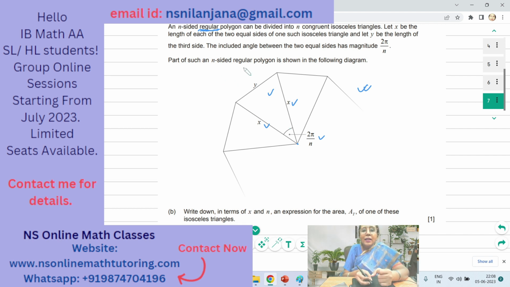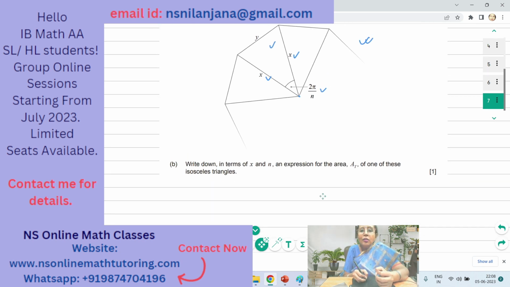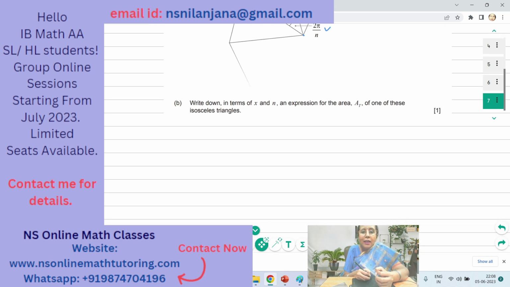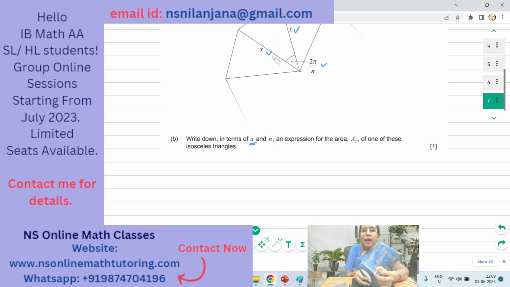So part of such an inscribed regular polygon is shown in the following diagram. We are seeing that. And now coming to subpart B, it is saying write down in terms of x and n an expression for the area AT of one of these isosceles triangles, and it contains just one mark. Here x was the side length of the equal sides of the isosceles triangles, and n is for the inscribed regular polygon that we have.